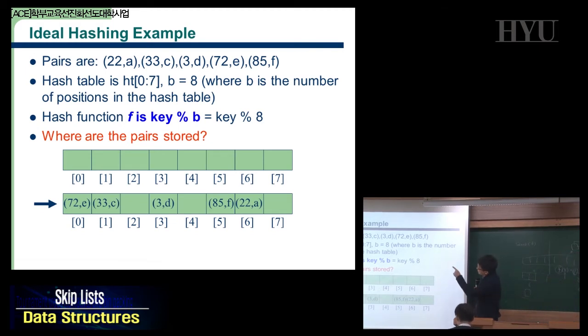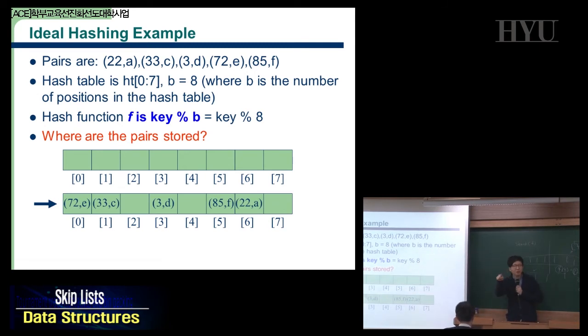So the hash table, I'm going to call it HT, has a size of 8, positions 0 to 7. The pairs are 22A, 33C, 3D, 72E, 85F. 22 is the key, A is the value, I guess. The hash function: B is 8, where B is the number of positions in the hash table.